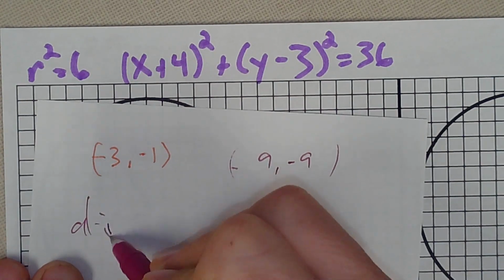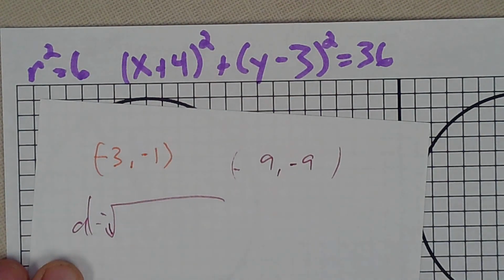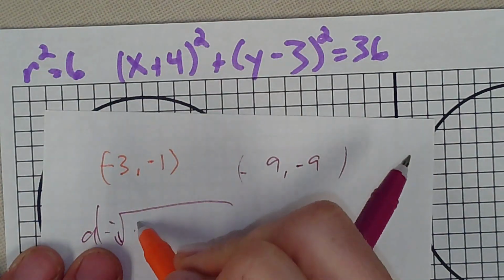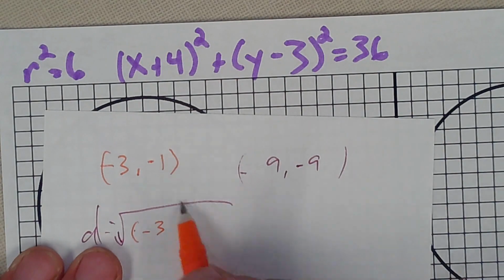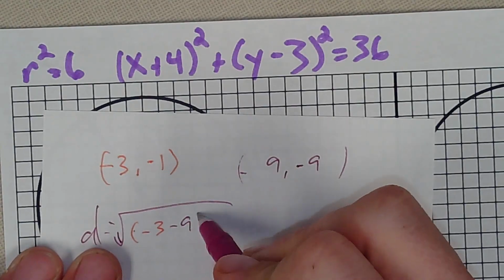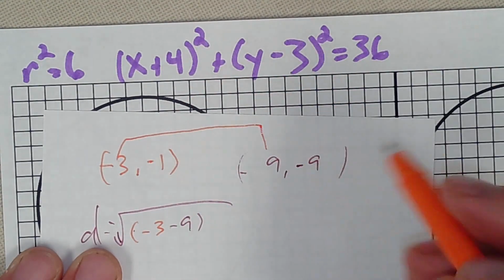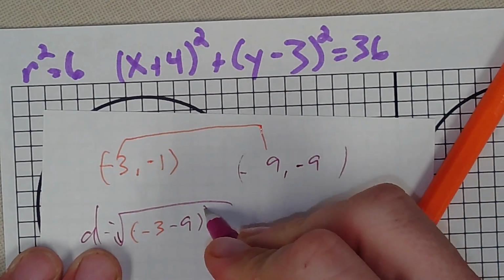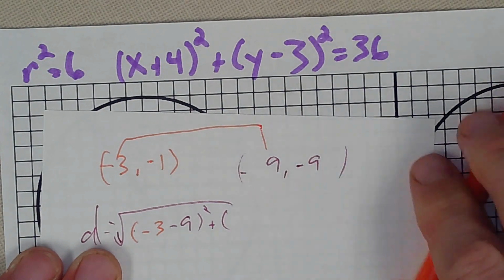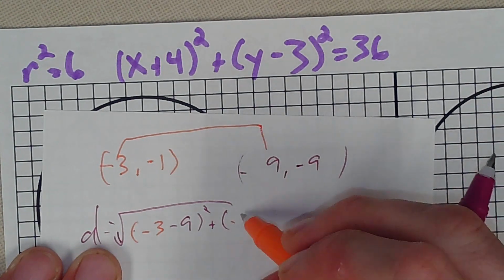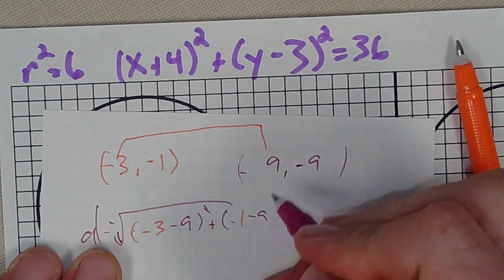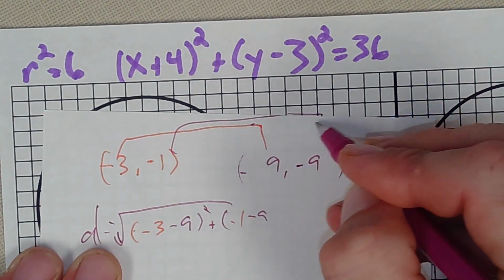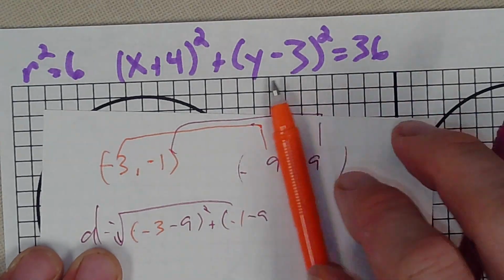It's going to be the square root of, and we'll do the x values, which will be -3 minus 9, that's this one and that one, plus, squared, plus the -1 minus 9, which is this one and this one.